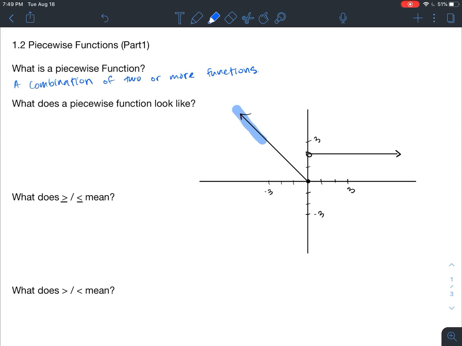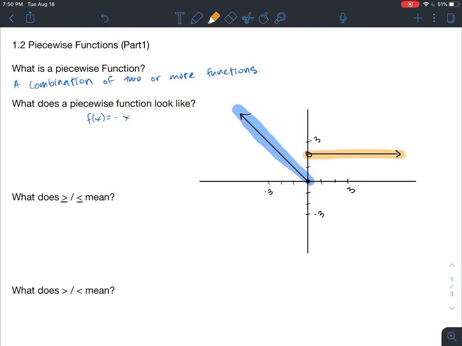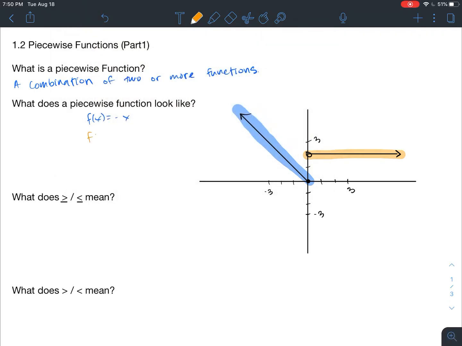So right here, this function is just like a negative sloped linear function. So that looks like it's going to be f of x is equal to negative x, right? But then this function over here is just a constant function. So that looks like f of x is equal to 2.